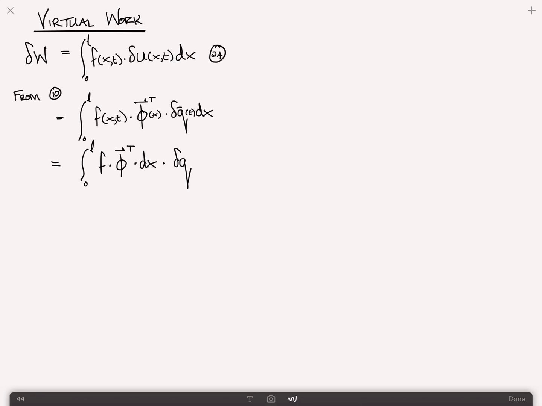Okay. We would like to be able to write it in discrete form as the nodal force vector q transpose times del q, excuse me. Q is a vector.